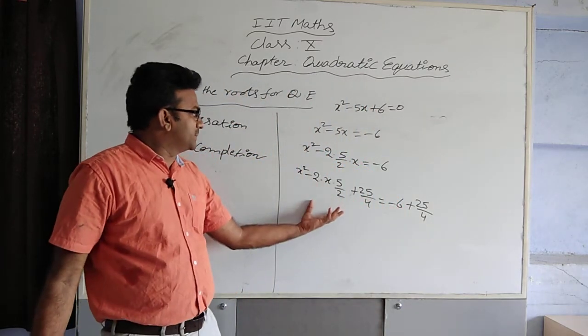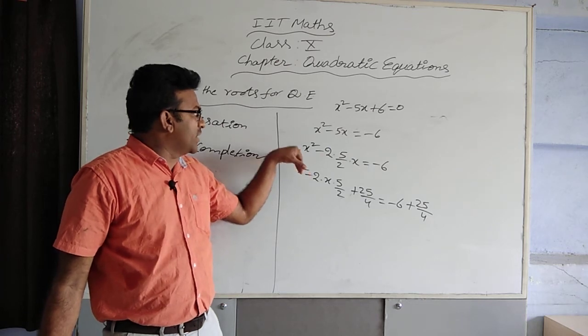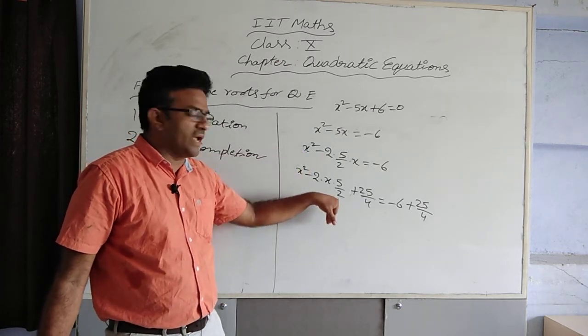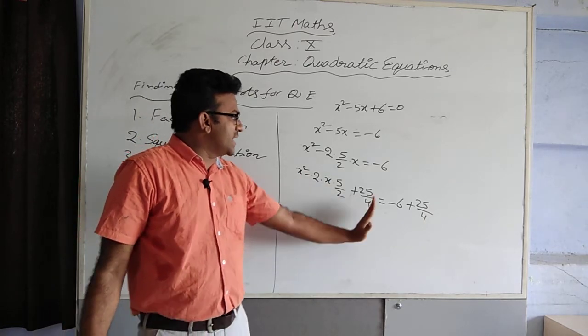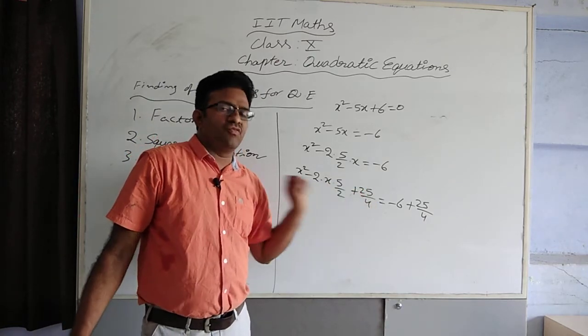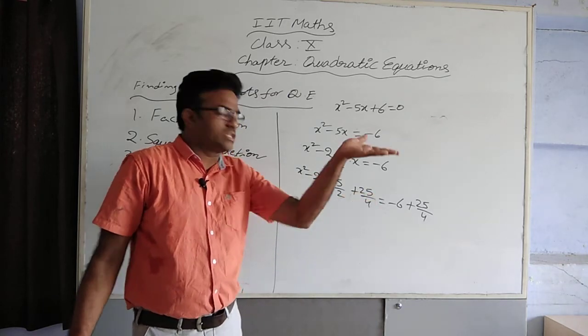Now look here: in place of a we have x, in place of b we have 5 by 2. That is why I add 25 by 4 on both sides; 25 by 4 means 5 by 2 whole square.